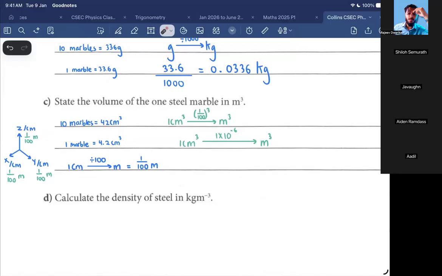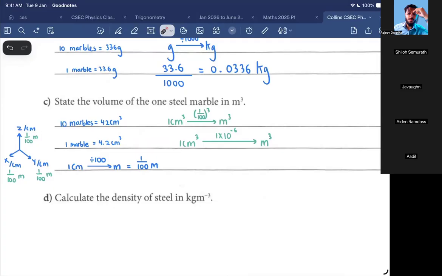So when I convert, one dimension is 1 over 100 meters, the other dimension is 1 over 100 meters, the other dimension is 1 over 100 meters. By the time you multiply all together, it's going to be 1 by 10 to the power negative 6. So if you want to convert centimeter cube to meter cube, you have to multiply the centimeter cube by 1 by 10 to the power negative 6.